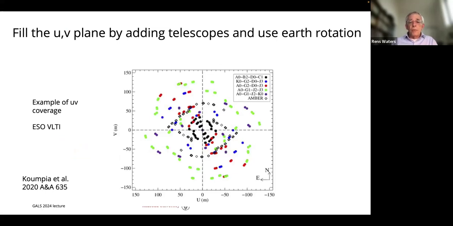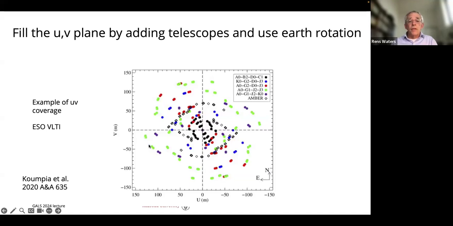Then another very important and very clever trick that people use to increase the UV coverage, so the sampling of the point spread function of your interferometer, is by using the Earth rotation. And then you get these types of diagrams where you have the UV plane again, in this case measured in meters. And every dot is an interferometric pair that tells you where it is in terms of distance, but also where it is in terms of angle.